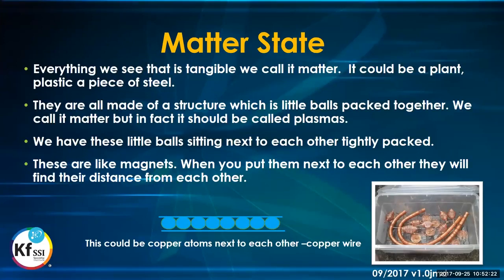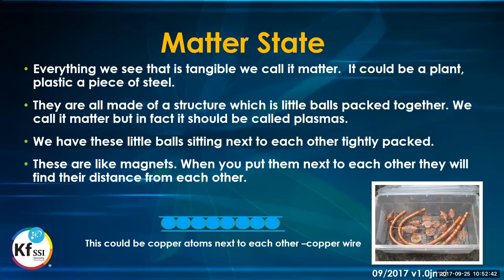So we know what the matter state is. Everything that we see that is tangible, we call it matter. Whether it was a plant, a piece of plastic, or a piece of steel, we've always known it as, well, that's matter. They are all made up of a structure which is little balls packed together.